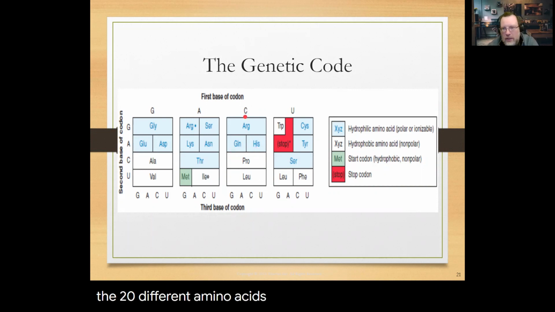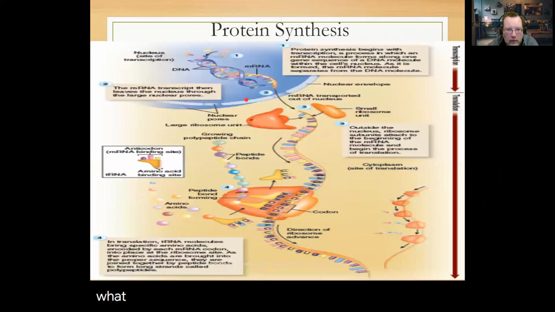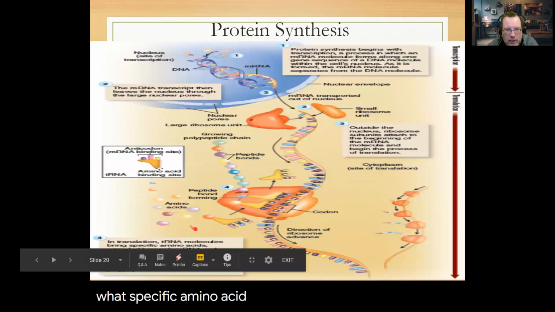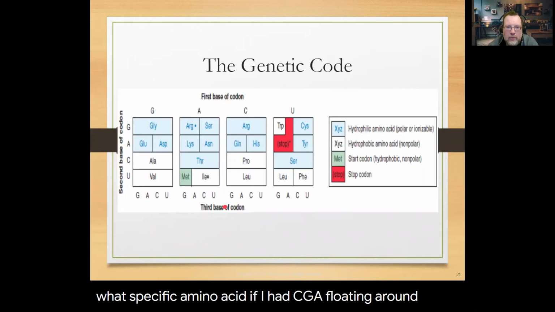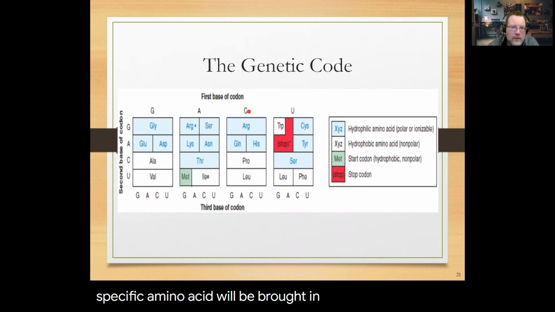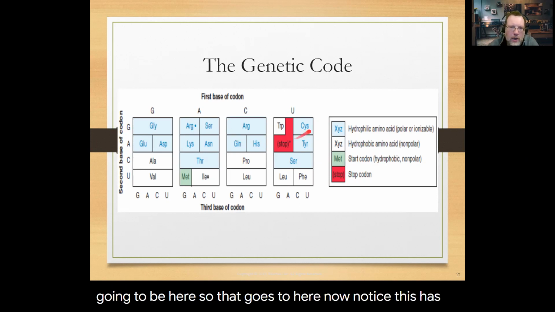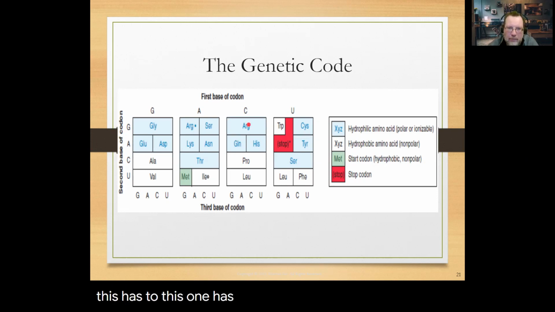So what does CGA code for? What specific amino acid will be brought in? So C, so it could be any one of these. The second base we call G, so it's going to be here. Now notice this has 2, this has 2, this one has 1, so we could pretty much stop there. Anything that's CG is always going to be arginine.